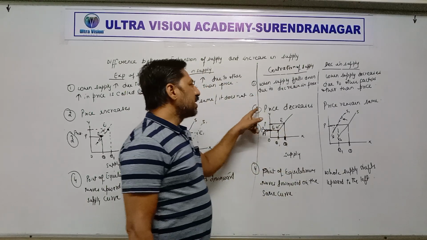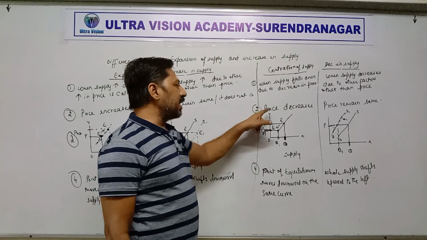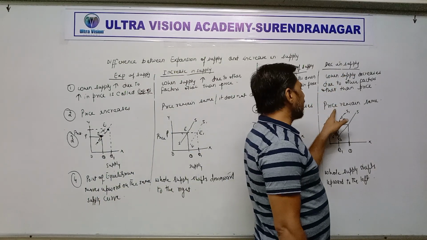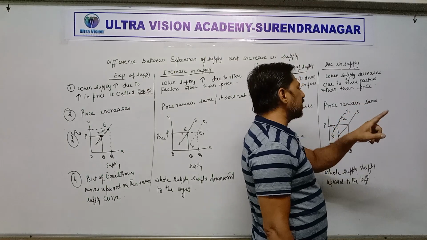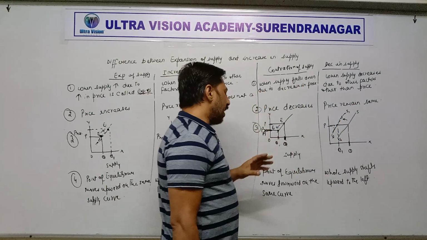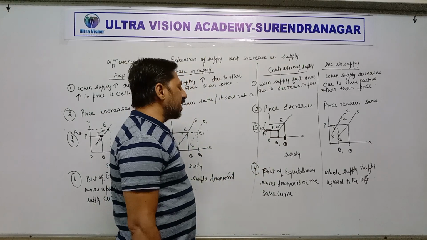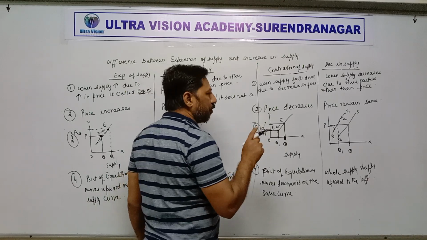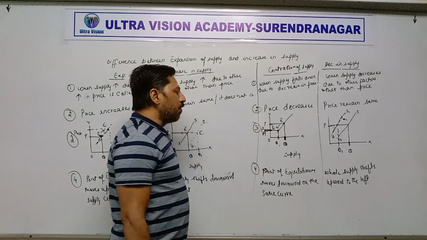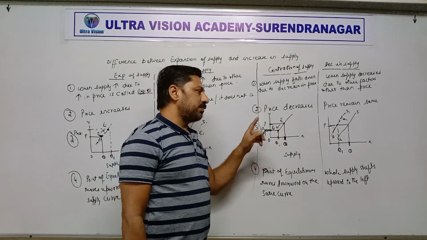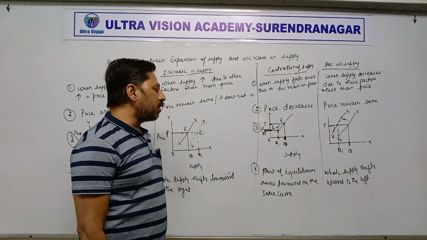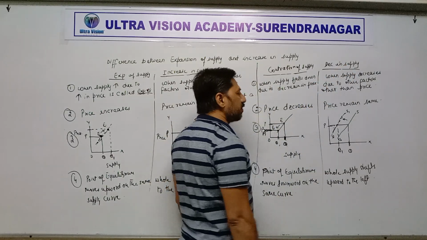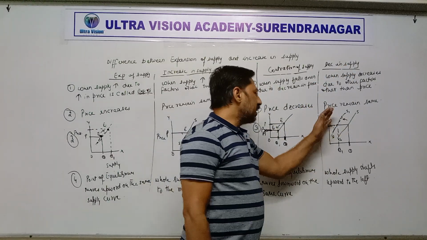Second difference, in case of contraction of supply, price decreases, but in case of decrease in supply, price remains same, only other factors change. Then diagram, and fourth point: in case of contraction of supply, the point of equilibrium moves downward but on the same curve. But in case of decrease in supply, the whole supply curve shifts upward to the left.